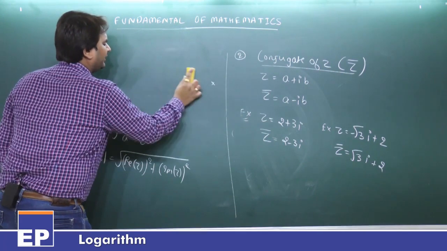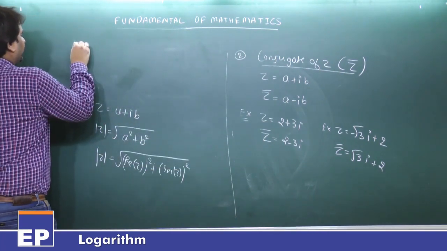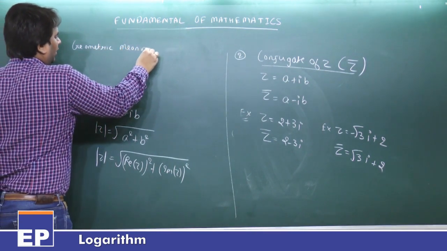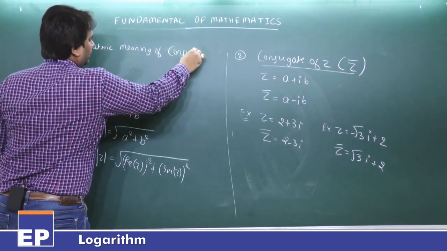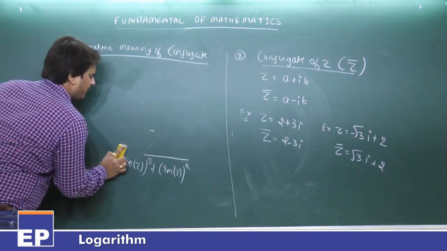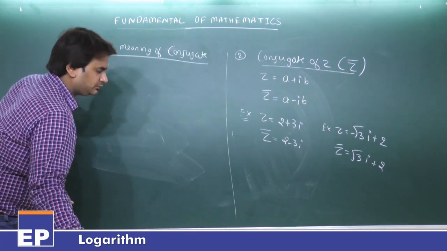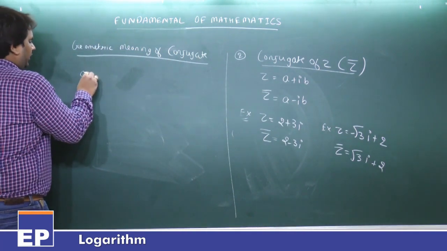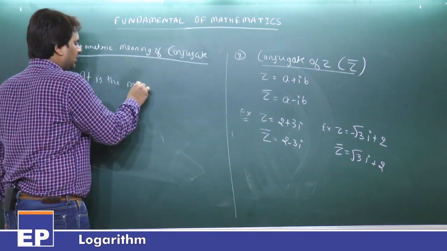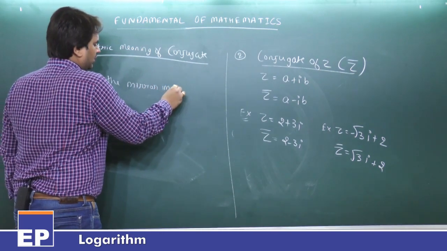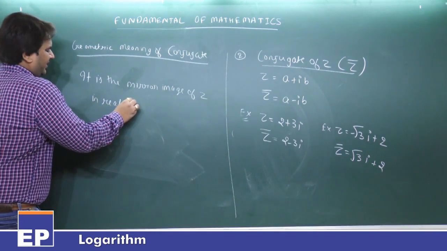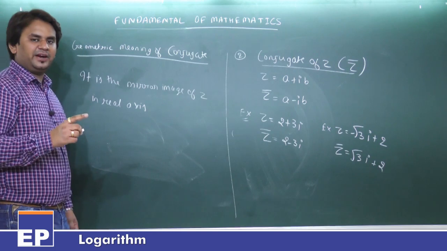Or we can say the geometrical meaning of conjugate. What is the geometric meaning of conjugate? It is the mirror image of z in the real axis.